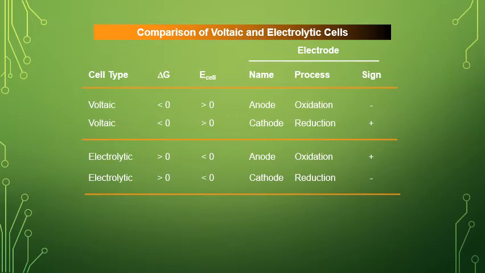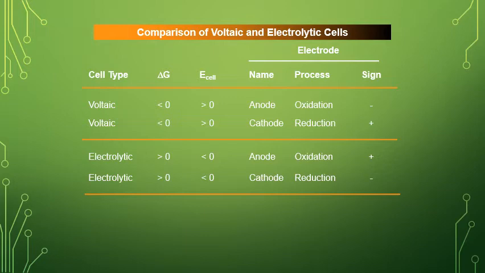For your electrolytic cells, you would have your delta G value being greater than 0, your electrochemical cell value being less than 0. So you'd have a negative value for E cell, positive value for delta G, which means a thermodynamically unfavored process. Your anode is where oxidation takes place, so it still has the oxidation at the anode, but you should hopefully notice again that the sign for the electrode has now switched to a positive.